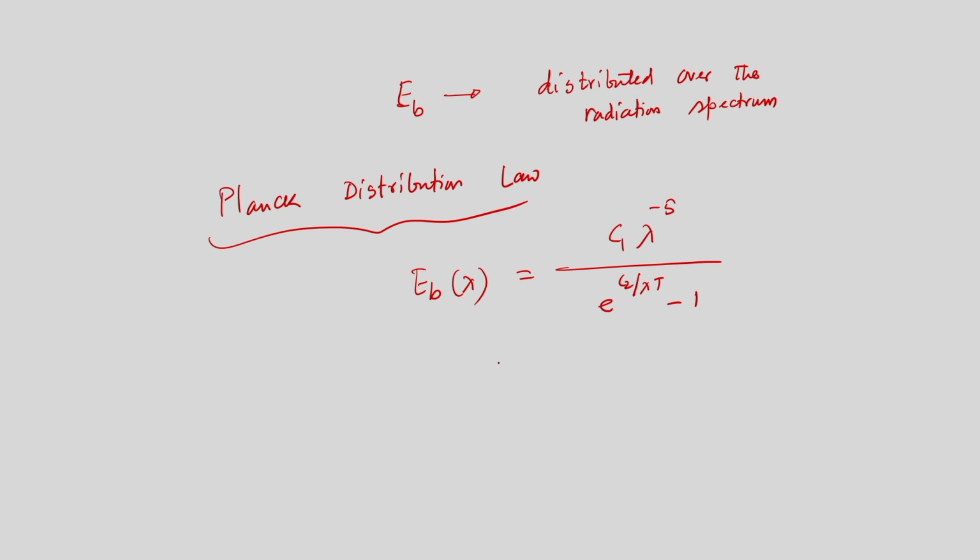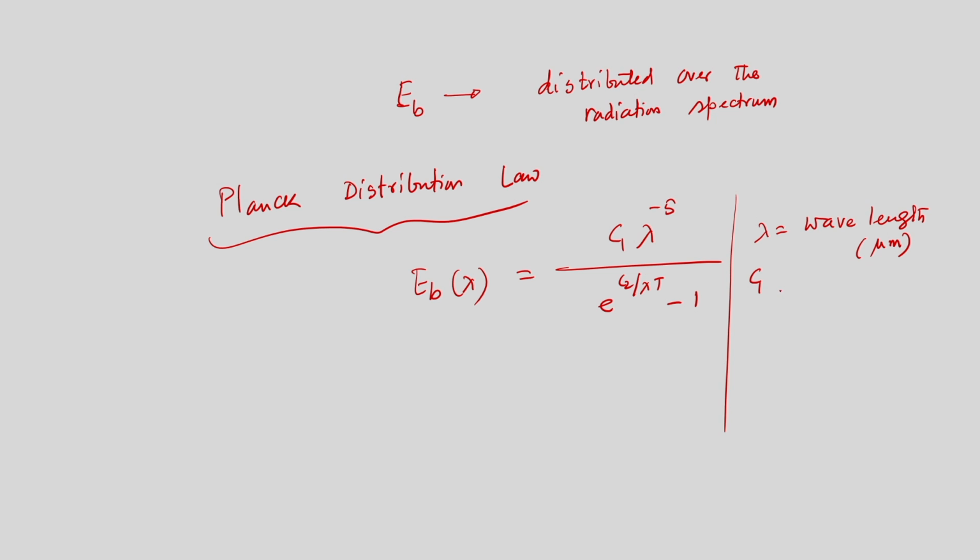C1 and C2 are constants, and lambda is the wavelength in micron.